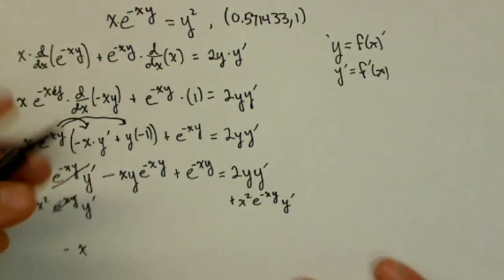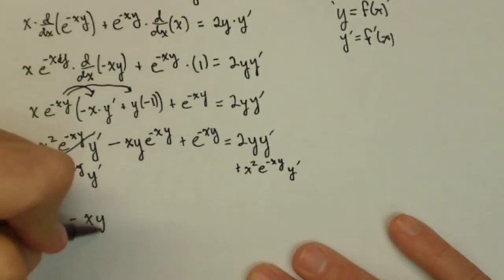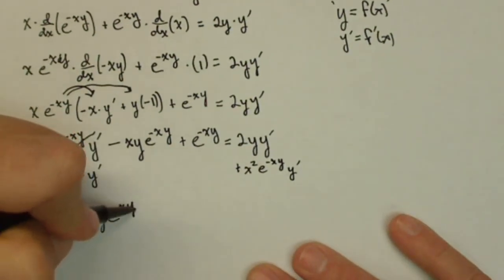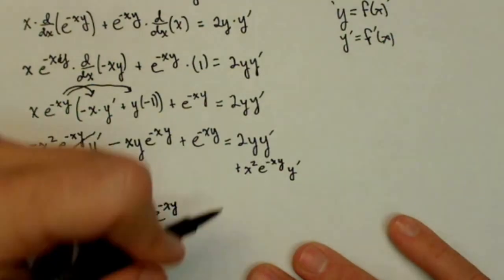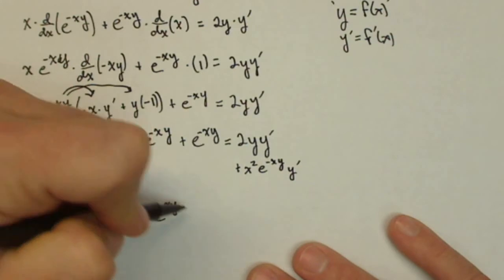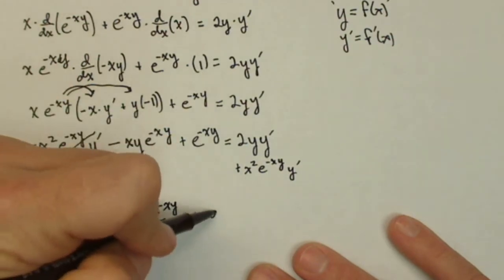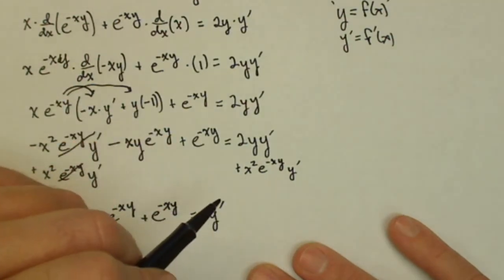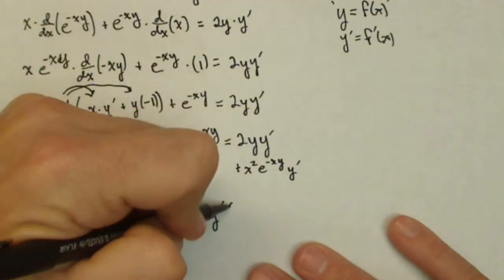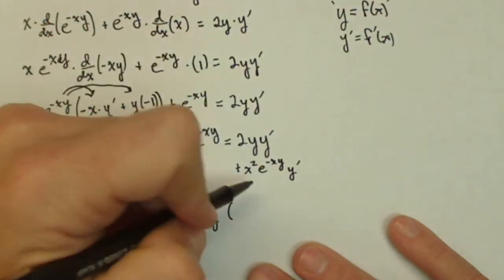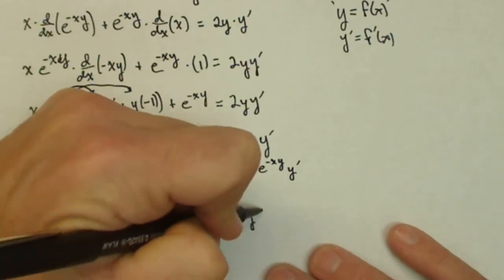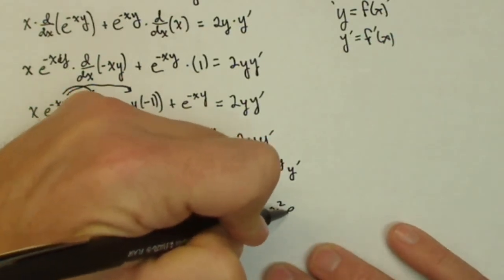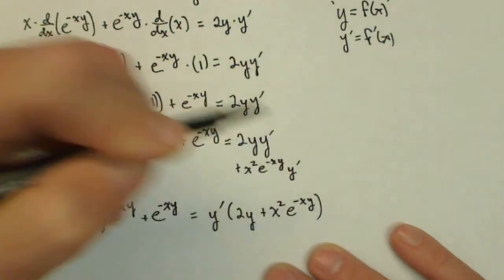So we have minus xy e to the negative xy plus e to the negative xy on the left-hand side equals y prime times, we factor out the y prime here, we'll have left 2y plus x squared e to the minus xy.